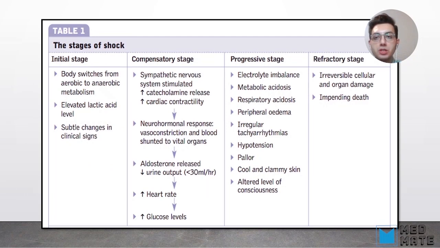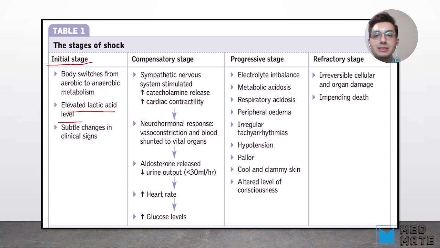So when we are talking about shock, there are 3 stages. The first stage is the initial stage, and that's when the body switches from aerobic to anaerobic metabolism. The second stage is when our body starts trying to compensate for the problem that has occurred in our hemodynamics.